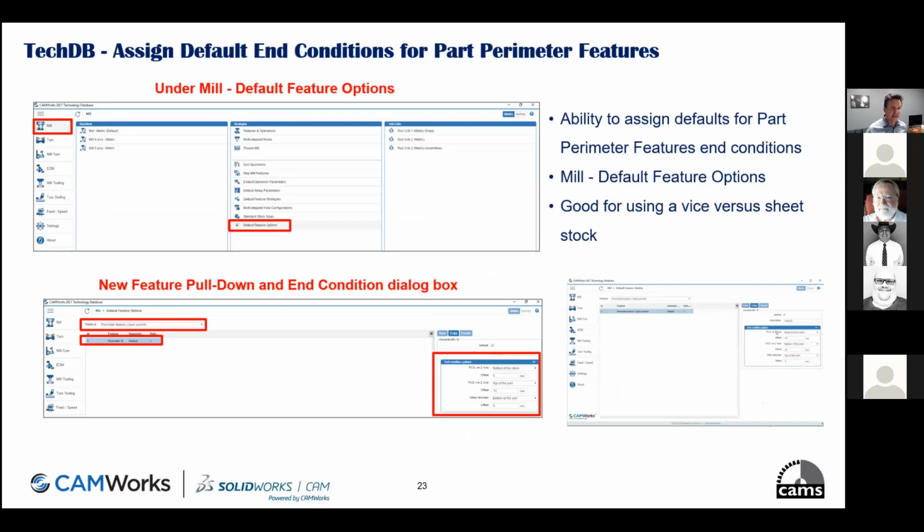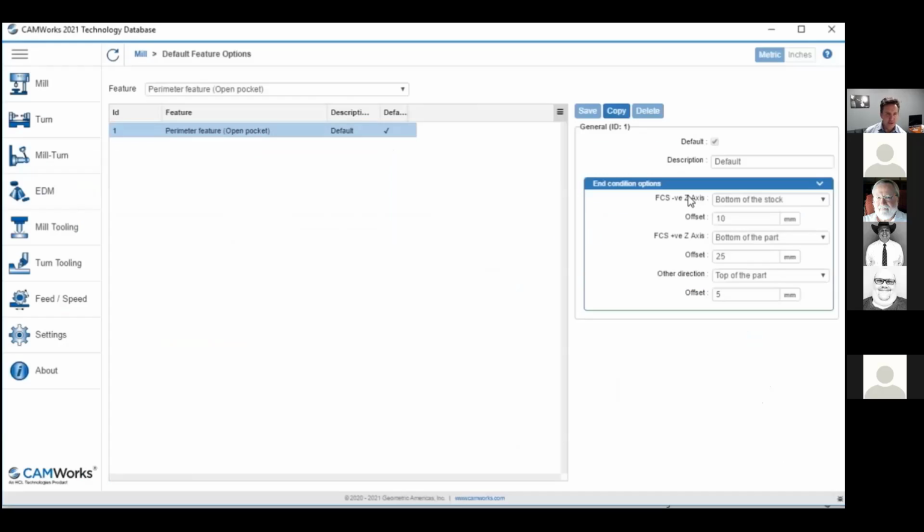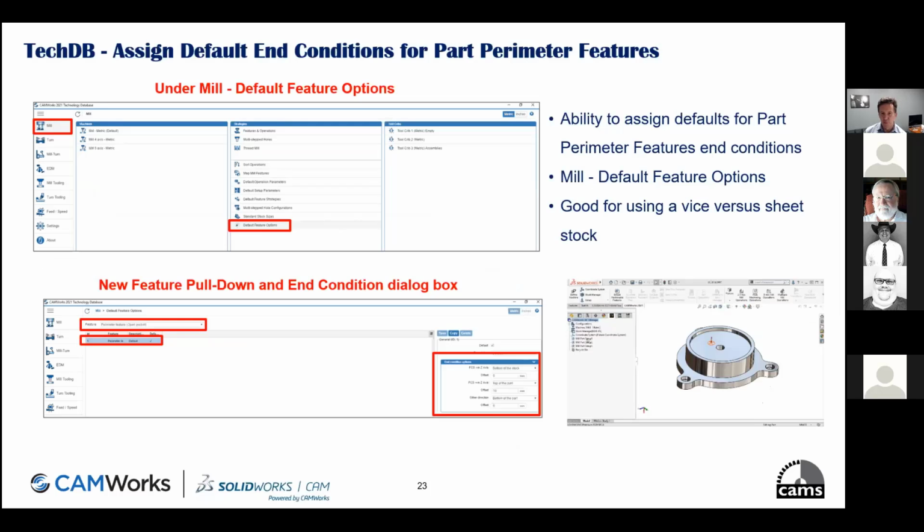And then this is huge as well in the TechDB, the ability to assign a default end condition for perimeter part features. And as y'all know, I think we've got a video on this.